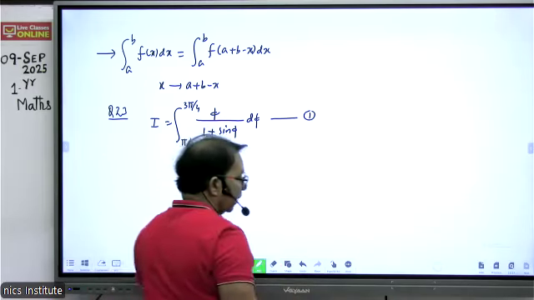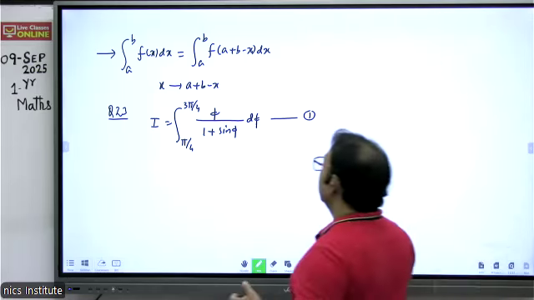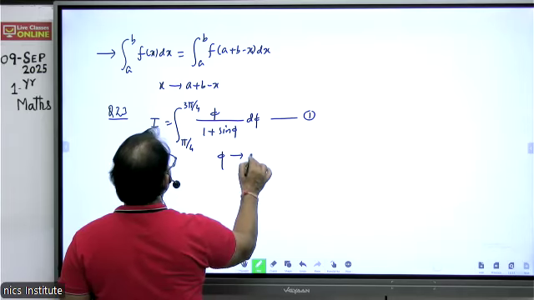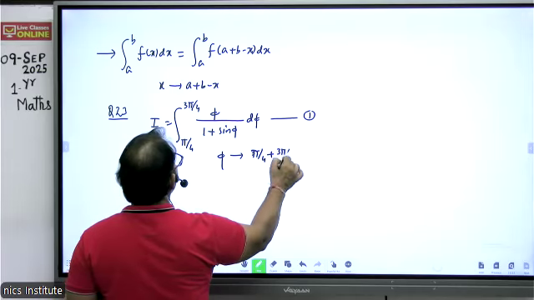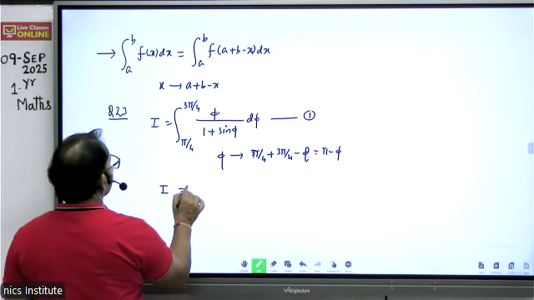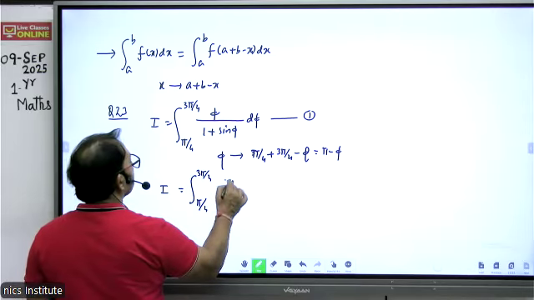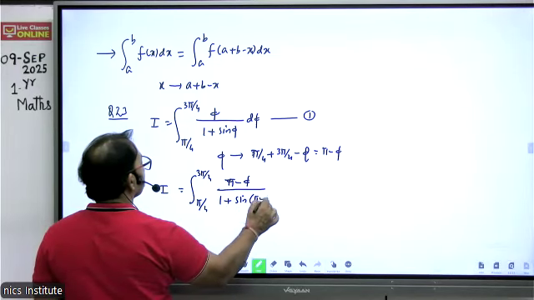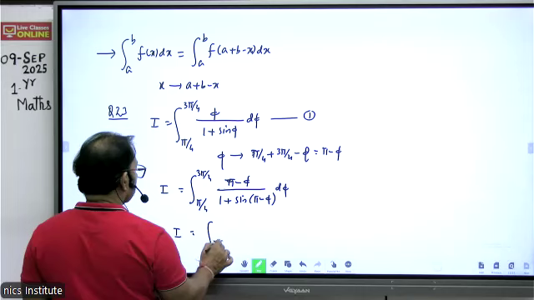Always start the question by taking it as I. Now, since A is there, B is also there, A plus B is pi. So wherever phi is there, we can replace it by pi by 4 plus 3 pi by 4 minus phi, which is pi minus phi. So this would be pi minus phi divided by 1 plus sine of pi minus phi. Wherever we had phi, we have replaced it.